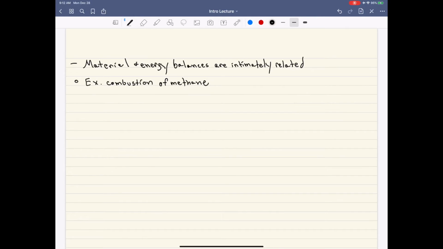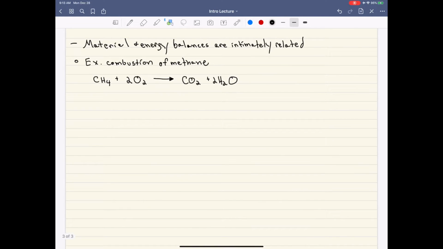And so let's go into this in a bit more detail. And so, with the combustion of methane, let's write out the chemical reaction, right? So we have 1 mole of methane reacts with 2 moles of oxygen gas to form carbon dioxide and 2 moles of water, all right? And so that's the reaction that goes on.